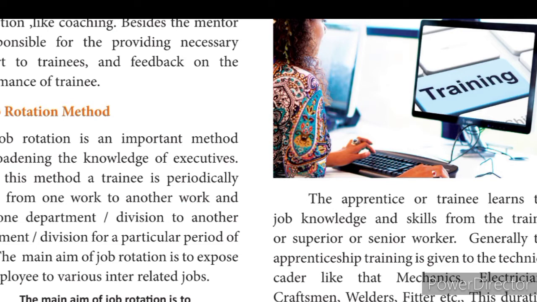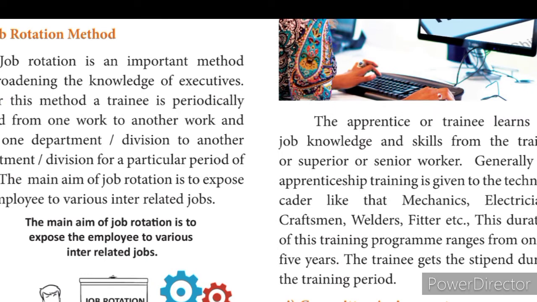That is actually apprentice training only. Generally, apprentice training is given to the technical cadre, like mechanics, electricians, craftsmen, welders, fitters, etc. The duration of this training program ranges from 1 to 5 years. The trainee gets a stipend during the training period, of course. I already told you.